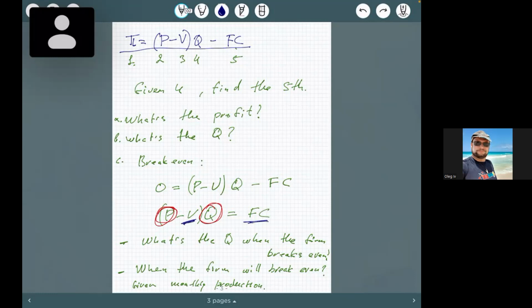monthly production capabilities. Mostly monthly, because finance again operates in monthly terms. We pay interest monthly. We borrow money mostly with monthly payments, and business also operates monthly.